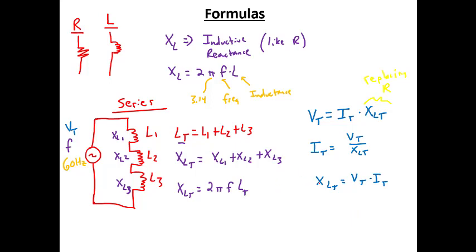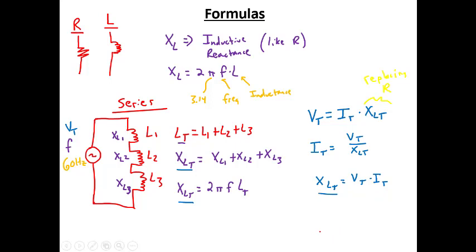So if we look here, we've got a couple of different formulas that we could use to find the total inductive reactance. We could find it based on the individual inductive reactance. We can find it based on the total inductance, or we could find it based on the total voltage and the total current.